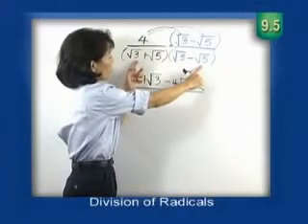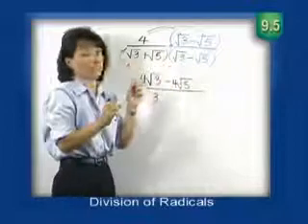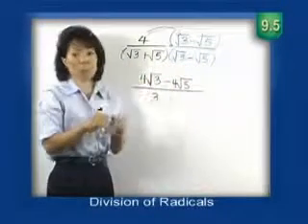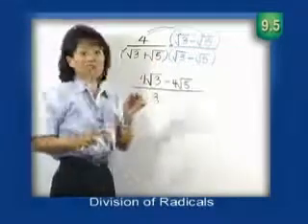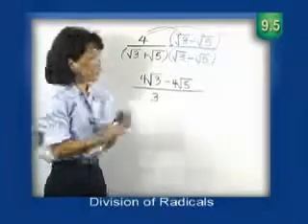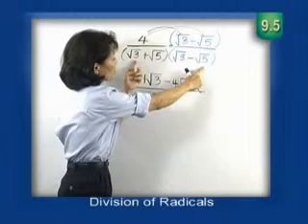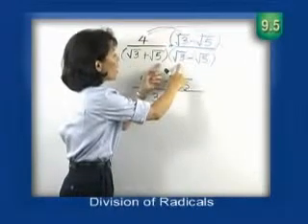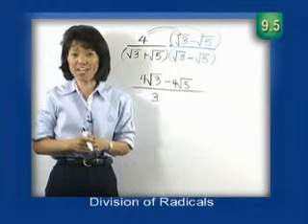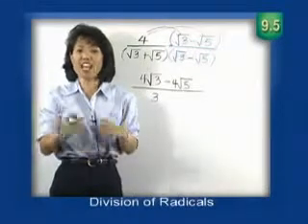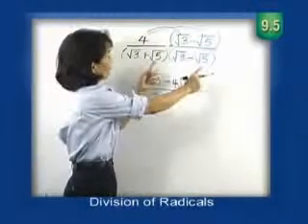O in FOIL yields the square root of 15 with a negative, so minus the square root of 15. I yields positive square root of 15. So negative square root of 15 plus positive square root of 15 is 0. We've eliminated that radical.